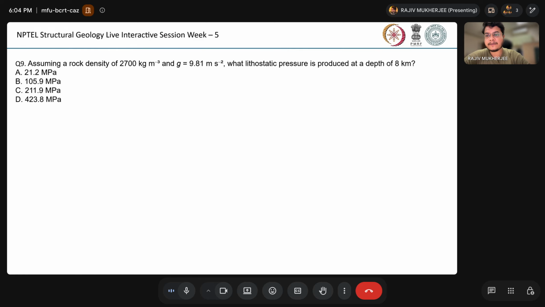And the given options are 21.2, 105.9, 211.9, 423.8 megapascals. So these are the options, and it won't take you more than a minute to actually solve this question, because we have already solved this kind of numerical problem in week 1. It's a very common problem.